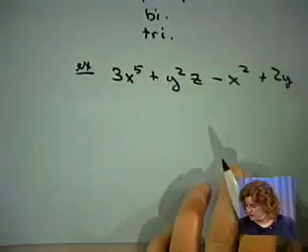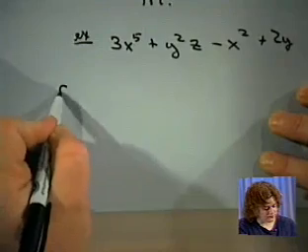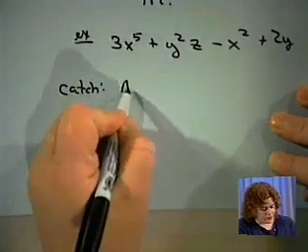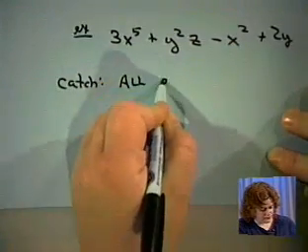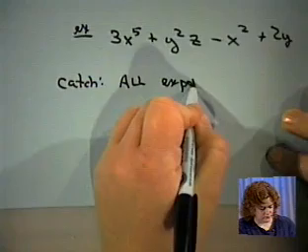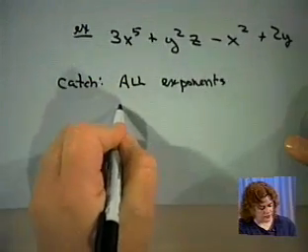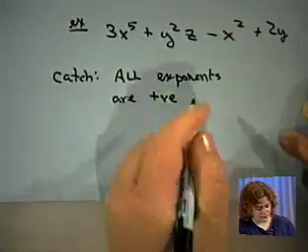Now, there's one catch in this exercise that you have to keep in mind. For a polynomial, all of the exponents in your terms are positive integers, plus ve for positive.